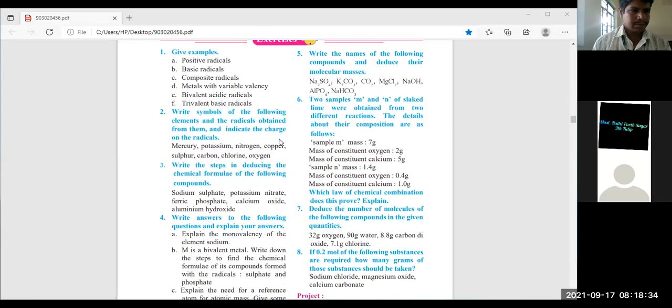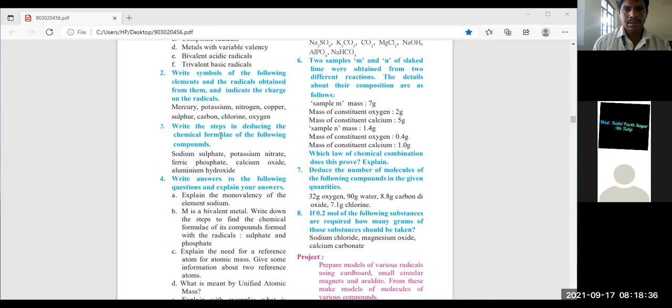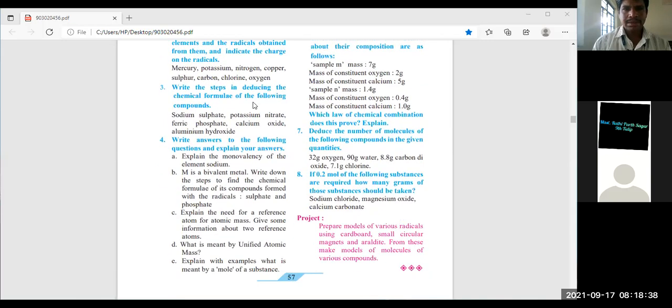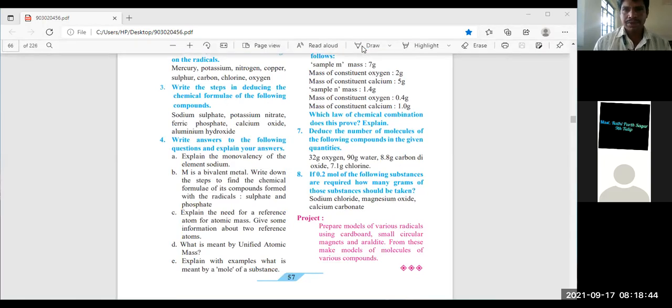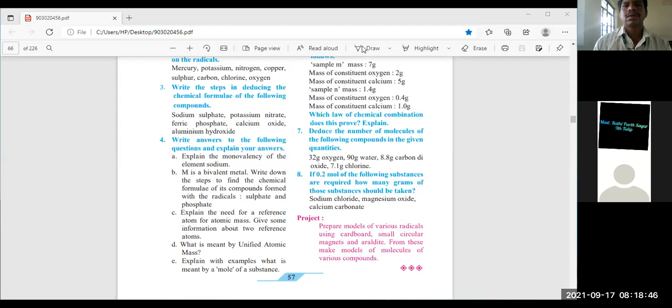What is the next question here? Write the steps for writing the chemical formula of the following compounds. First, sodium sulfate. We have to show how to write this formula.